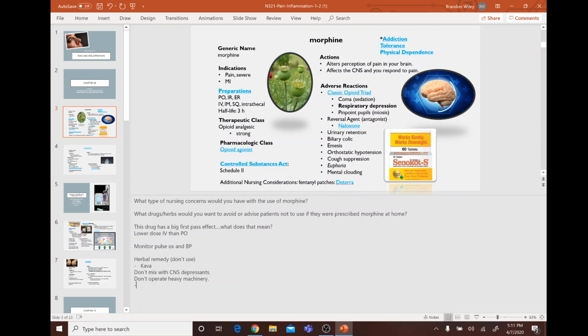What is the Controlled Substance Act of morphine? Schedule 2. And some have additional nursing considerations. Fentanyl patches, Duragesic. What are the actions of morphine? Alters perception of pain in your brain, affects the CNS and how you respond to pain. What are the adverse reactions of morphine?